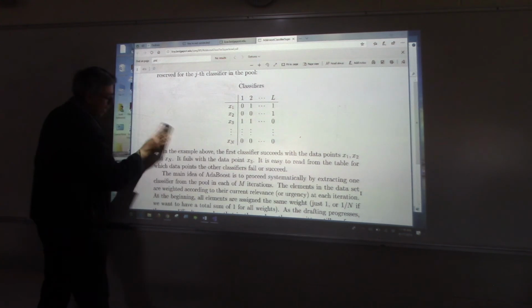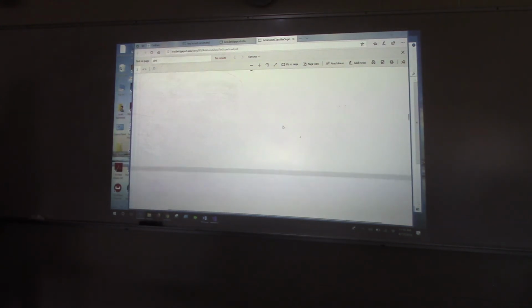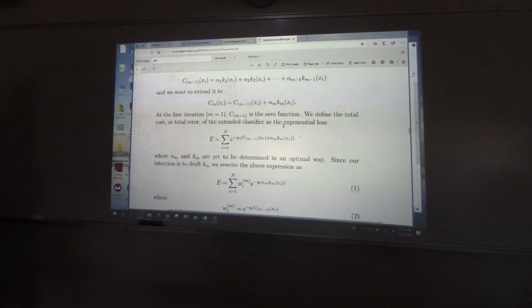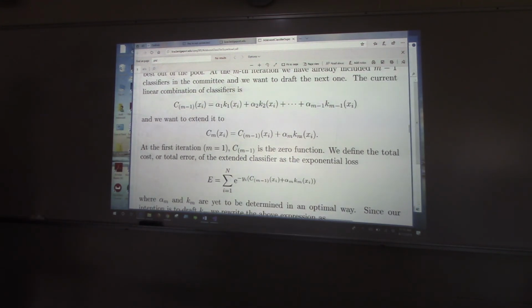Now let's go to the math development. Okay, so let's take a look over here. See if we can understand this equation over here.